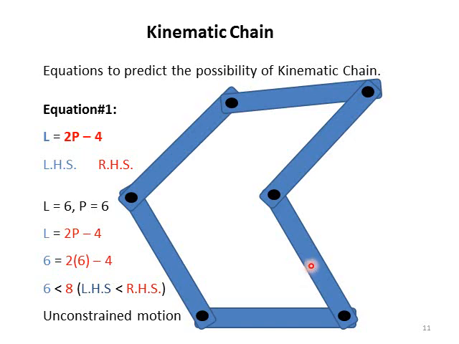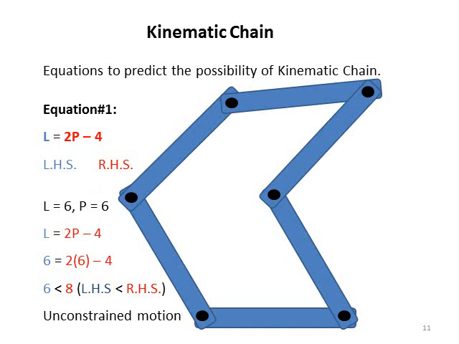The fifth pair is between link 5 and 6, and the sixth pair is between link 6 and link number 1. So 6 pairs. I will repeat again: number of links L is equal to 6, number of kinematic pairs P is equal to 6, and the number of joints J is also 6.